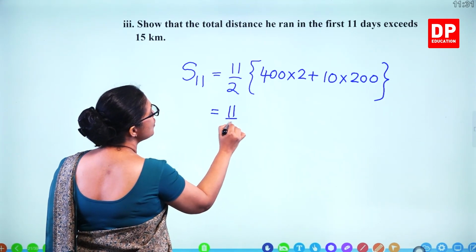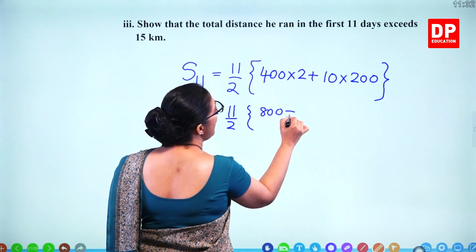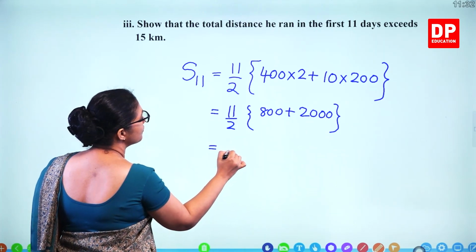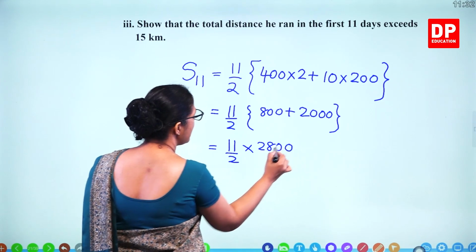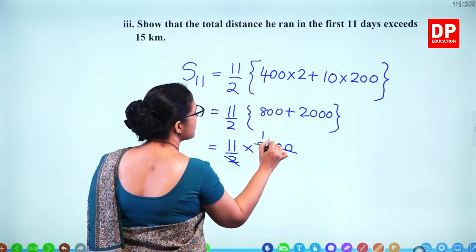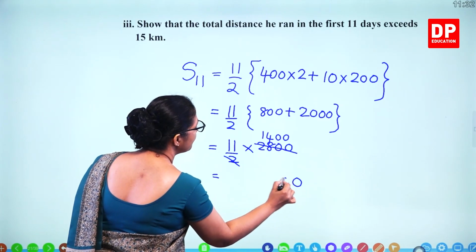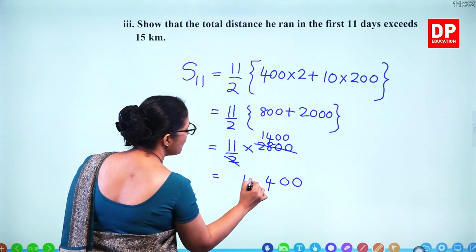So 11 over 2, 400 into 2, 800, and 2000 there. 11 over 2 into 2800, 2 times 1400. Multiply by 11, 11 times 4, 44, 11 plus 4, 15.